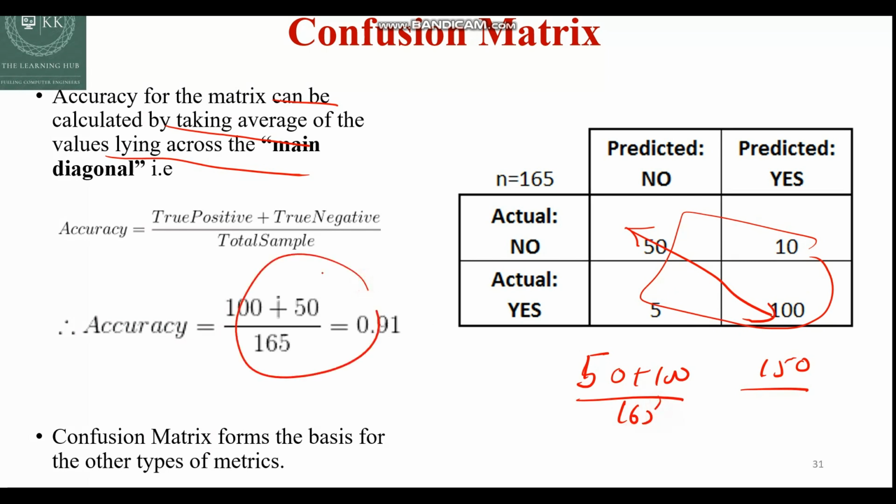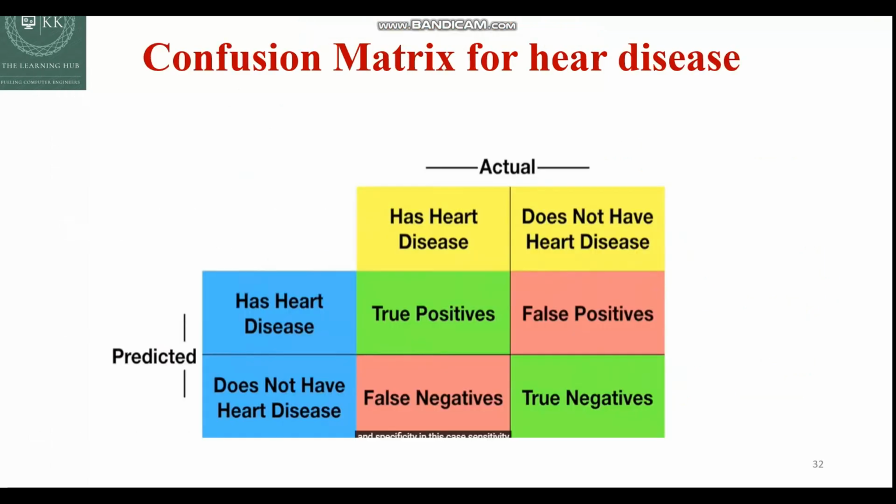So here we got 0.91. We declare that the model has an accuracy of 91%, as predicted by the confusion matrix.